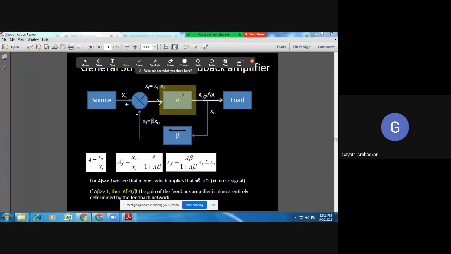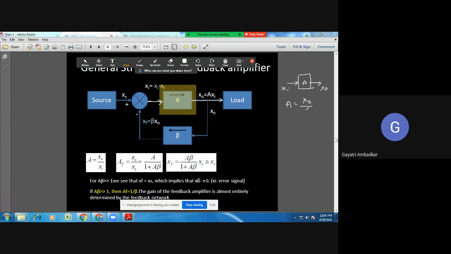Now, the amplifier has gain A, and if I give it input Xi and take output XO, what is the relation between them? Gain is the ratio of output upon input.